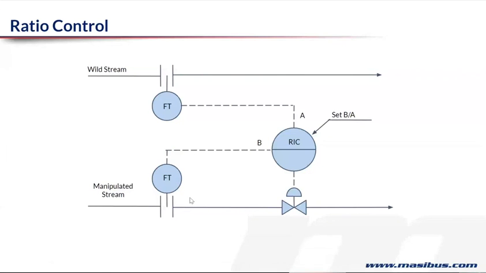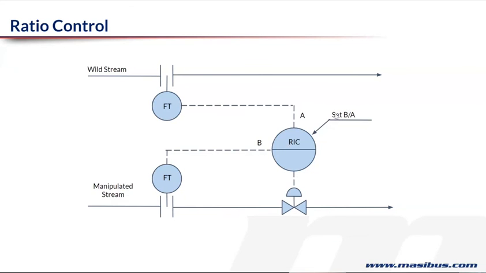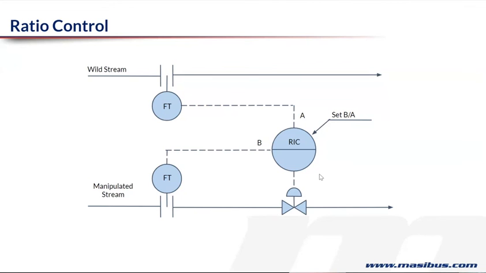So every time the fuel flow changes based on the deviation in the temperature by the temperature controller, the ratio controller will change the air setting, and the set point is nothing but a ratio of B to A. So it will control this valve to always maintain the ratio of fuel to air.